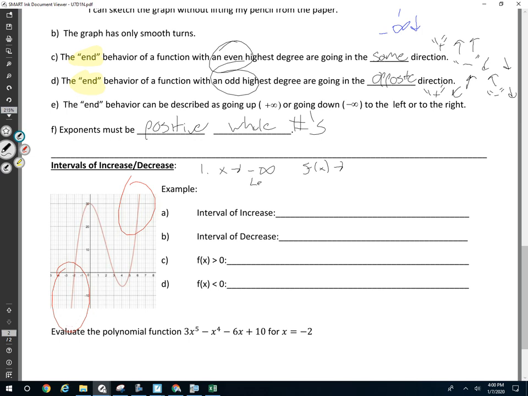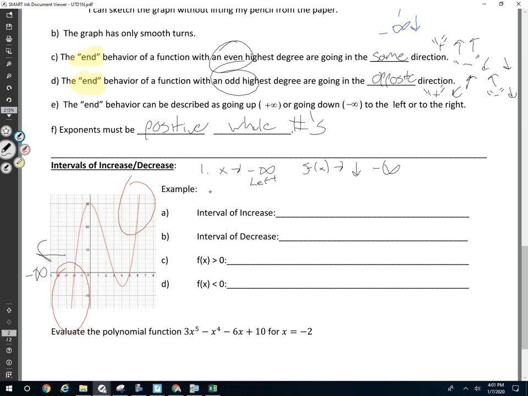As x is approaching negative infinity, this is like as we are going to the left. This is negative infinity on the x-axis. Here's my graph over here to the left. Which direction is it going? It's going down. What will we say down is? Negative infinity.